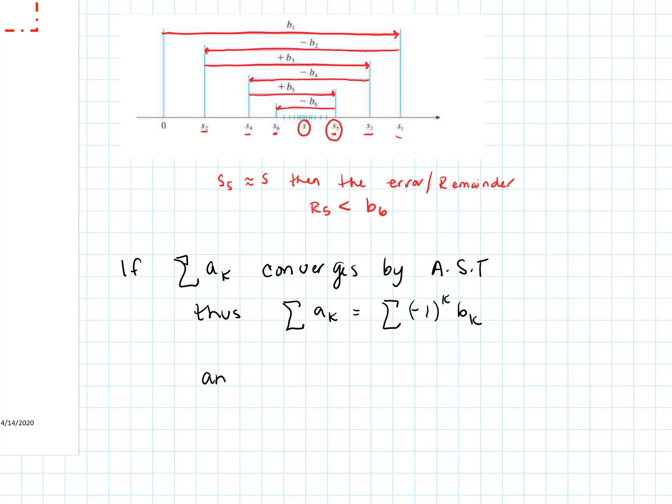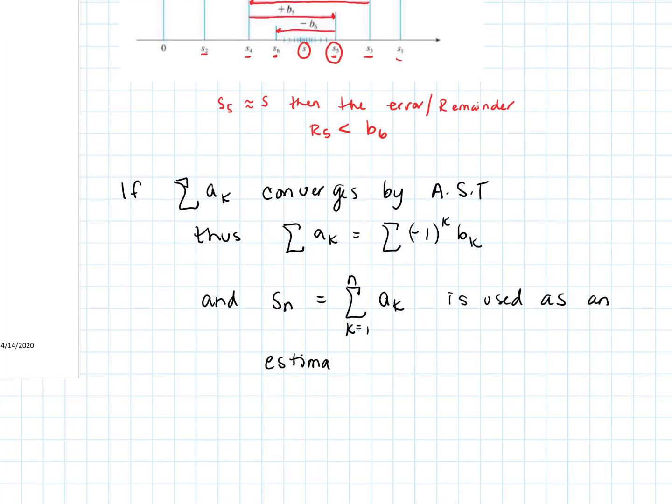And we decide to use S sub n to estimate it. So S sub n is then, of course, the sum from k equals 1 to n of a sub k, used as an estimate for the actual sum.